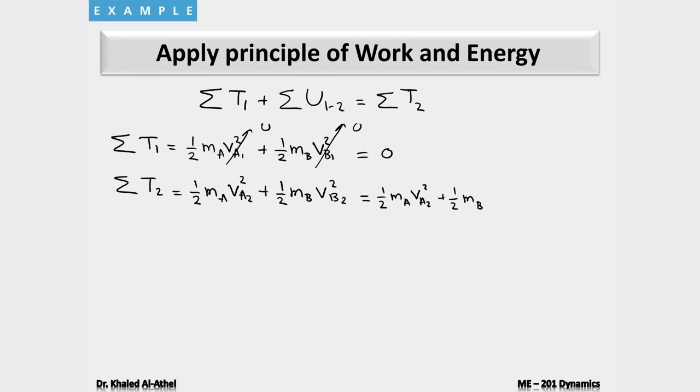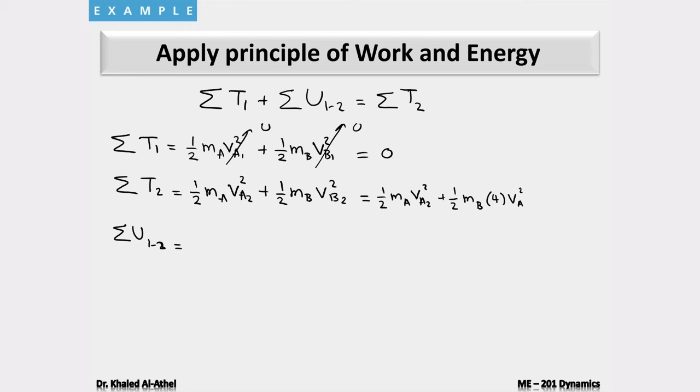The minus, when you take the square, does not affect anything, becomes positive, and you get 4 VA square. So you end up with 4 VA square. Okay, so we'll leave this one here. And then finally you have summation of the work done between 1 and 2 equals to.